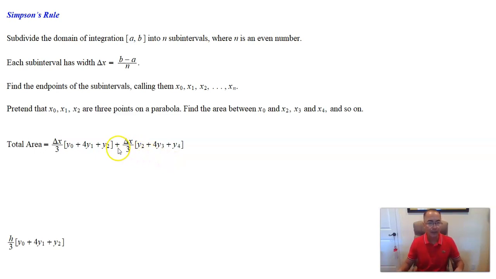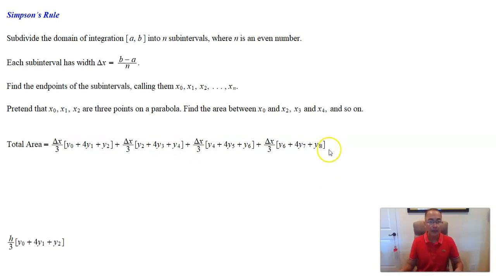Okay, so we might as well keep going because we only have 2 parabolas left. Okay, so let's demonstrate the formula for n equals 8. And you can, of course, generalize for any number of subintervals, as long as it's even. So 4 gets repeated over here, and then we have 5, and then we have 6. 6 gets repeated over here, and then we have 7, and then we have 8.